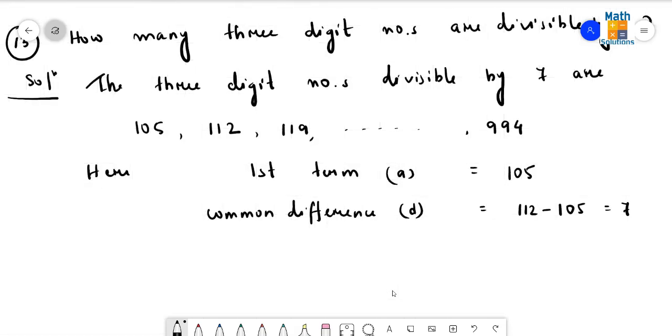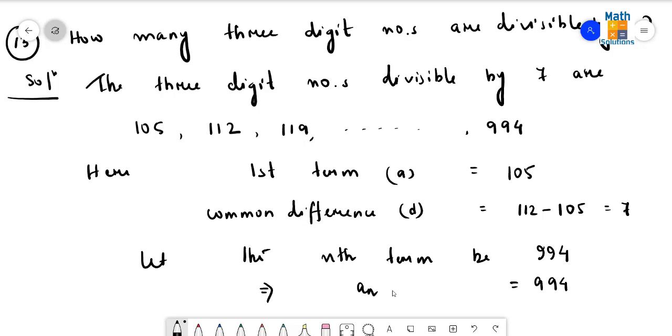So in this case, in total we need to find out the number of terms. So I consider here, let the nth term be 994. This implies an is equal to 994.